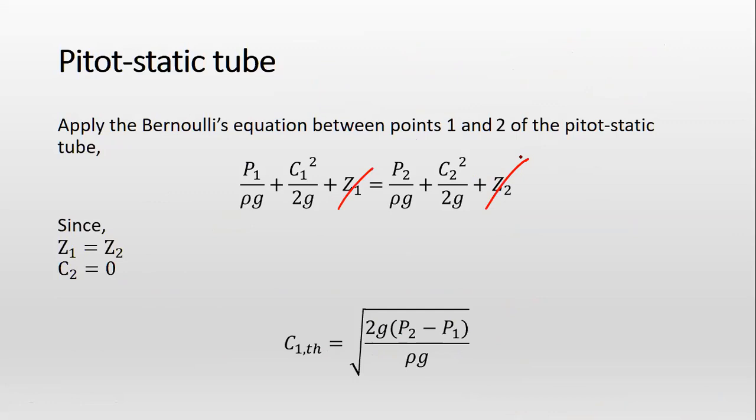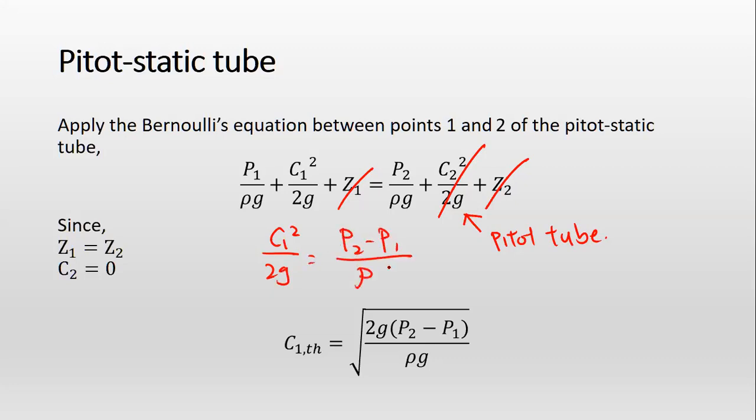C2 is 0, because this one is measured by the pitot tube, so the velocity is 0. Okay, so we can rearrange it to C1 squared over 2g equals P2 minus P1 over rho g.